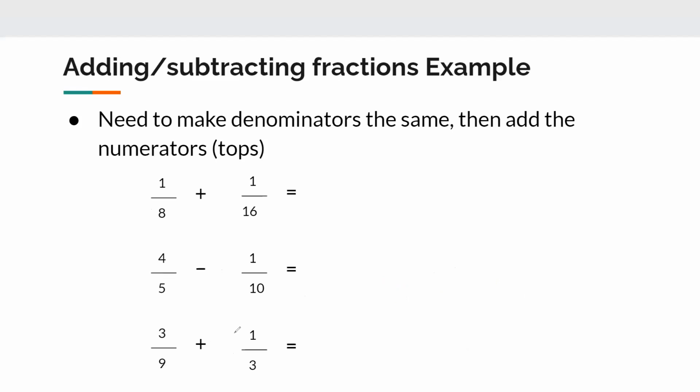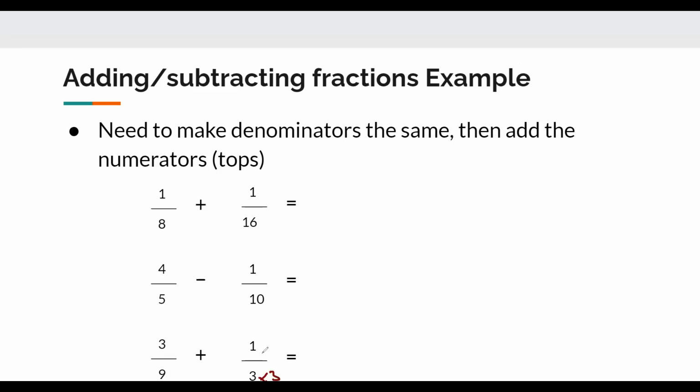3/9 plus 1/3. We need to make this 3 a 9. What would do that? Well, in this case, multiplying by 3 would do that. That's going to turn our problem into 3/9 plus 3/9. That looks interesting.